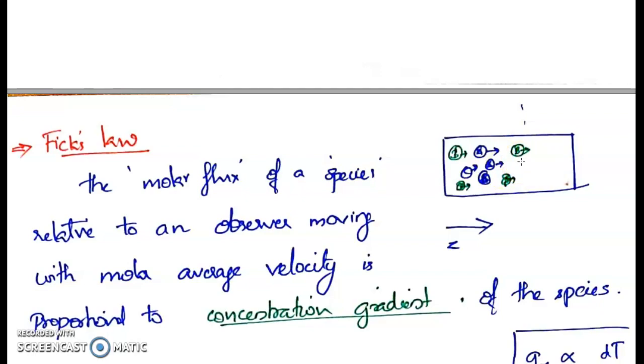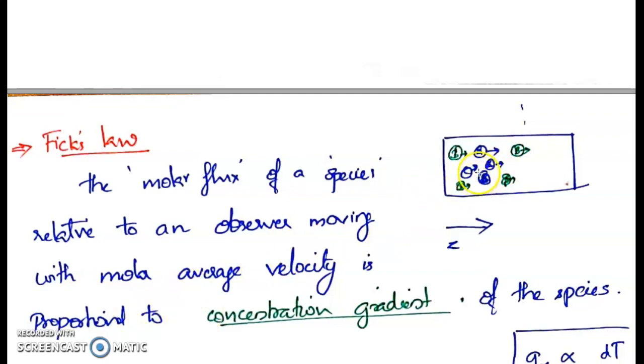So once it collides with another molecule, it is exerting a force on that molecule, and that movement will be contributed to the bulk flow of the molecules. So diffusion will take place only if there are no collisions. Before the collision, the process can be called diffusion, and after the collision, it is actually bulk flow.